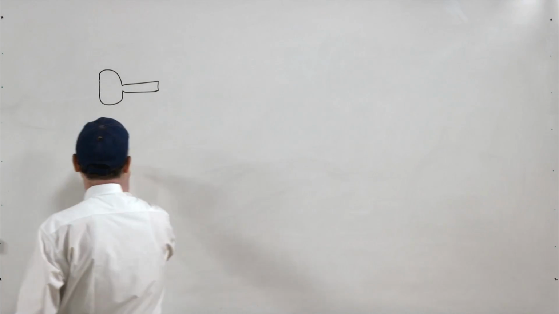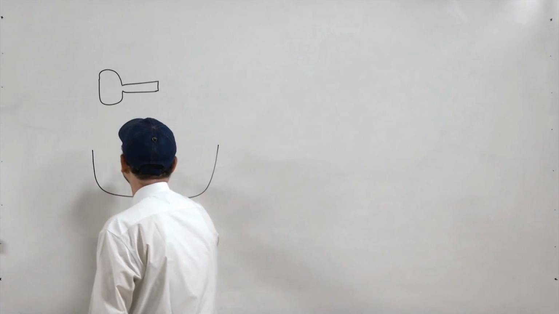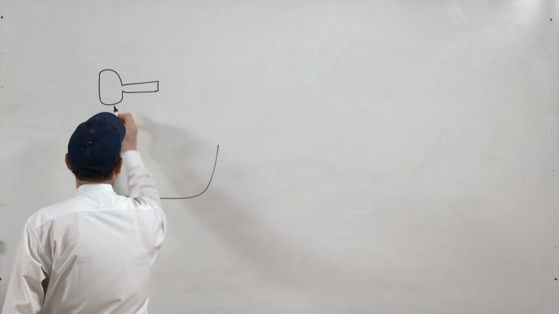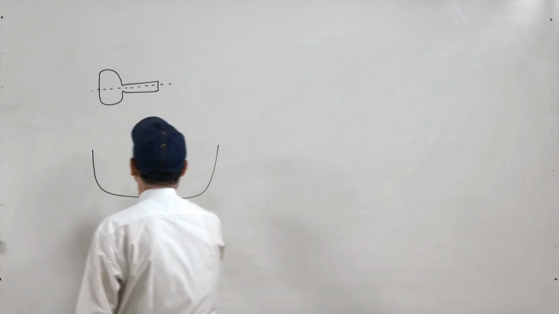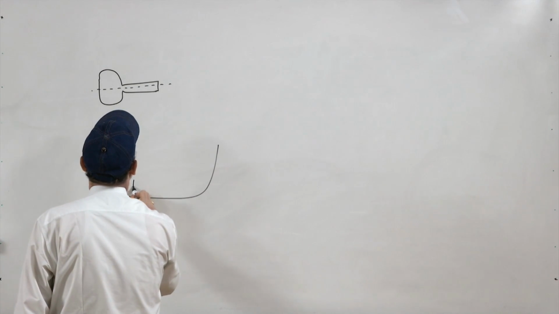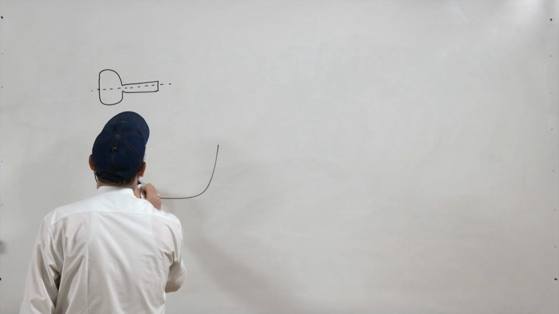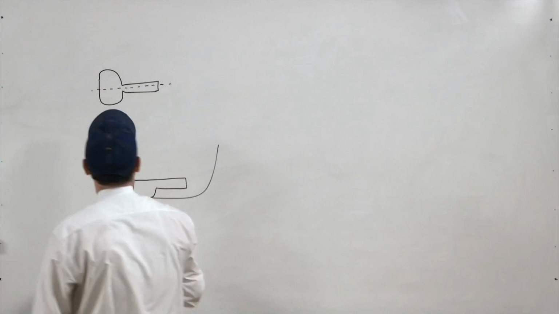So, what we do is we have a box, and initially you put this half part here, like that.